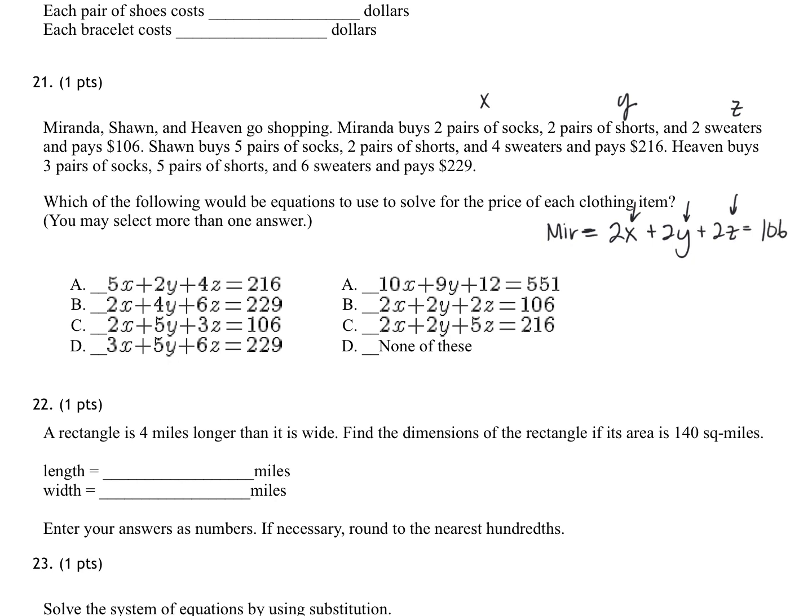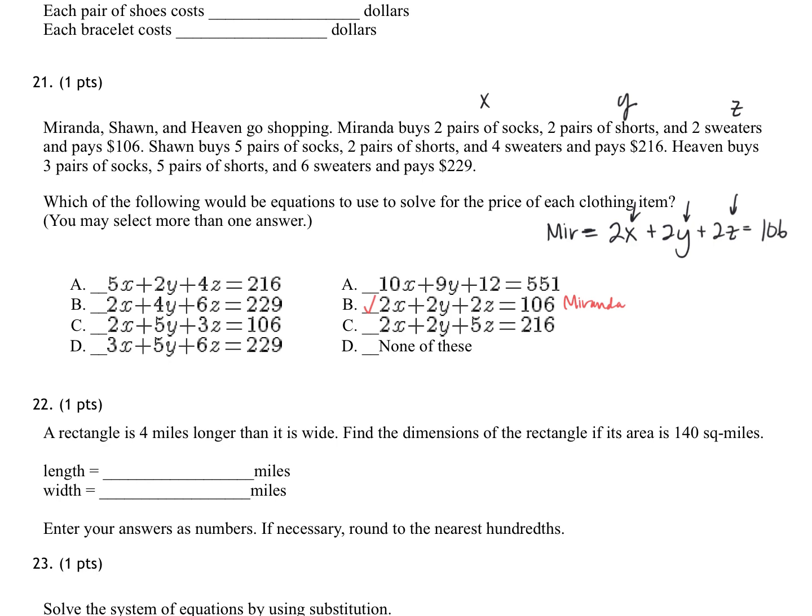So each person is going to have an equation. So let's see, can I find that equation? Yes, here is that equation, B. So this is for Miranda. All right, now let's look at Sean.